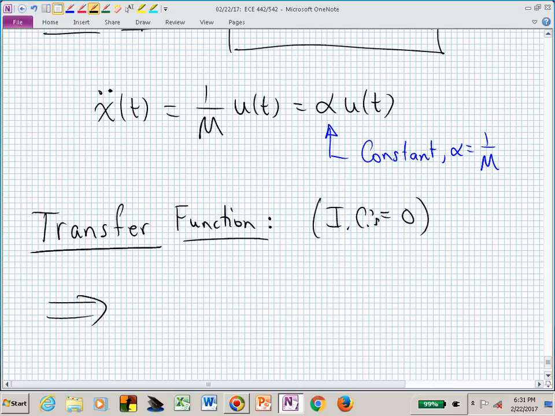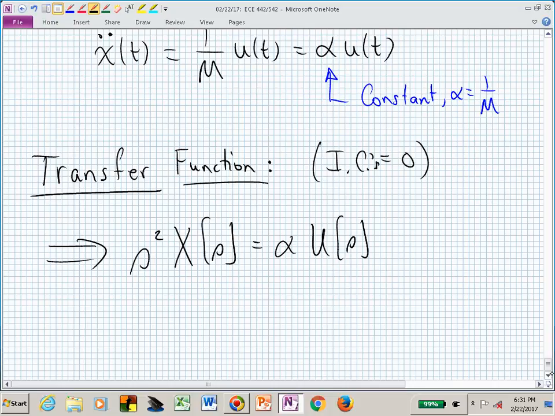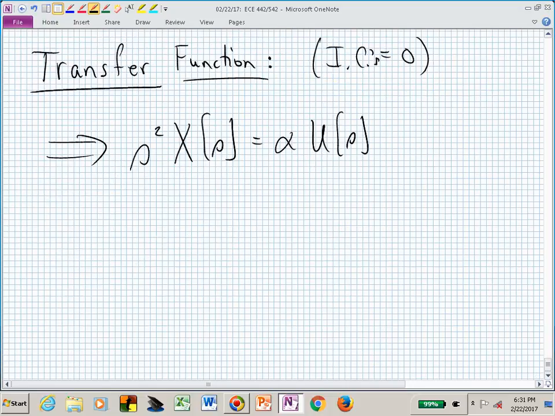Or we now can say that we have s squared, capital X of s, equaling alpha times the Laplace transform of our force, which is just capital U of s. Are we okay with that? And we want the transfer function, which is the ratio of polynomials in S between the input, U of S, and the output, which is our position, capital X of S.